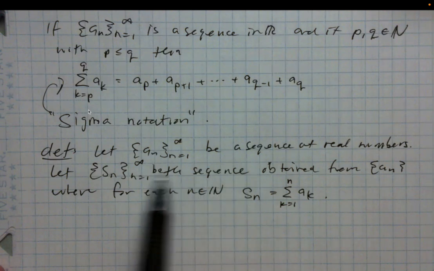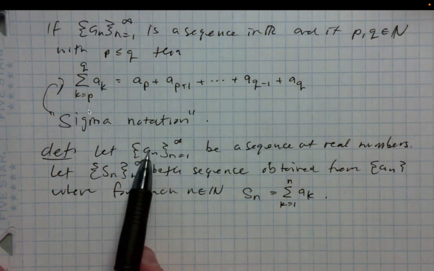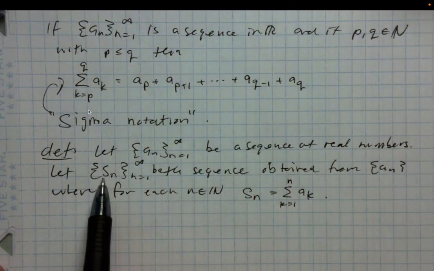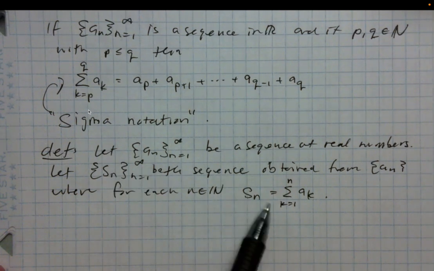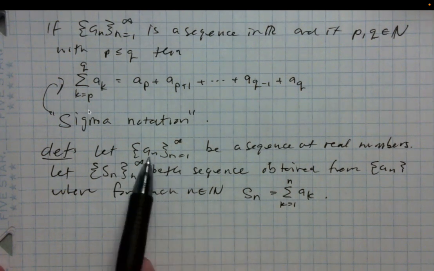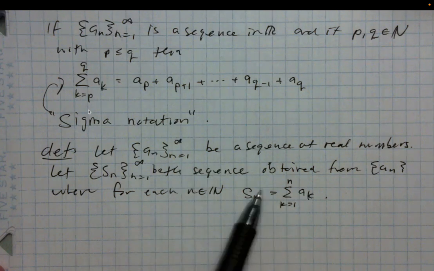So we've got a sequence a sub n of real numbers, and we've got this other sequence s sub n, which is derived from the sum of the terms of the a sub n sequence.